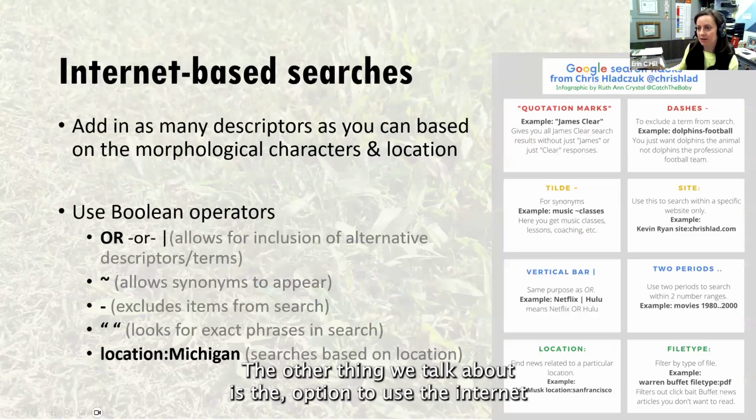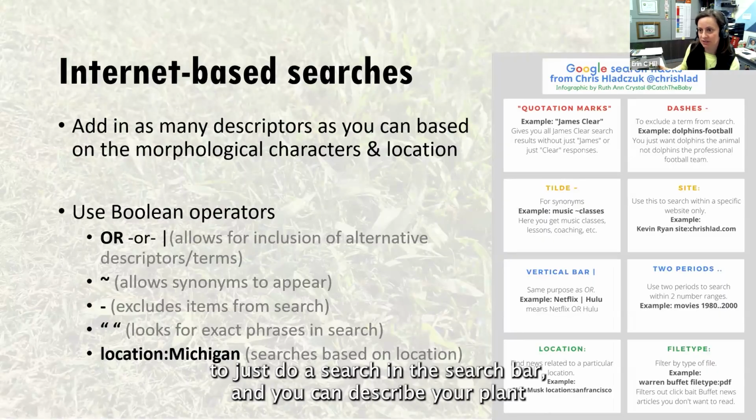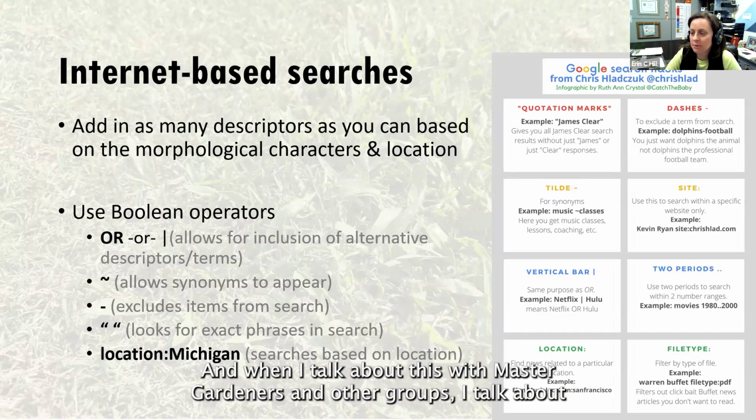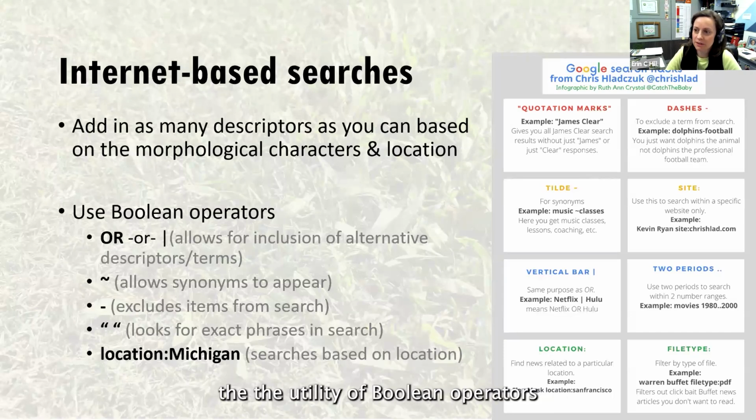The other thing we talk about is the option to use the internet to just do a search in the search bar, and you can describe your plant in Google or whatever search engine you like to use. When I talk about this with master gardeners and other groups, I talk about the utility of Boolean operators to really strengthen your search.